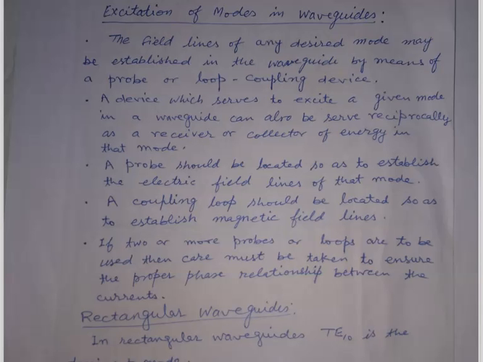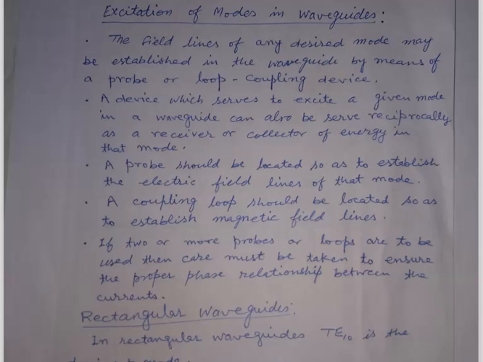A probe should be located so as to establish the electric field lines of that mode. Next, a coupling loop should be located so as to establish magnetic lines of force. And another point is, if two or more probes or loops are to be used, then care must be taken to ensure the proper phase relationship between the currents.